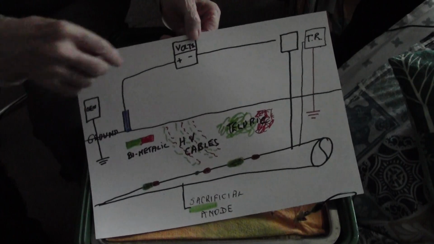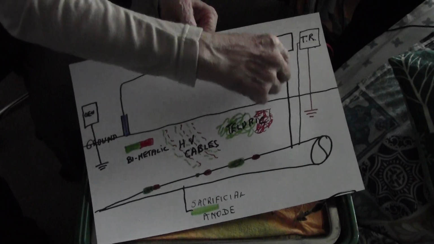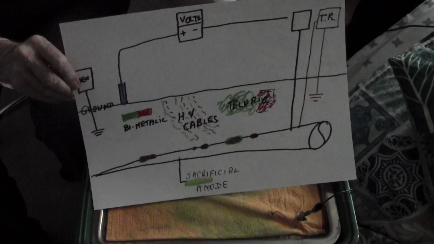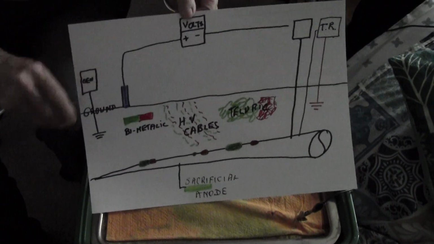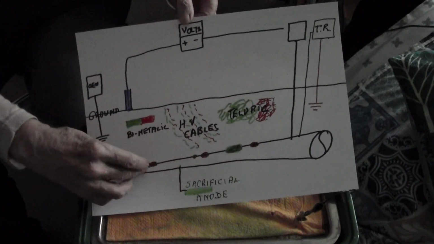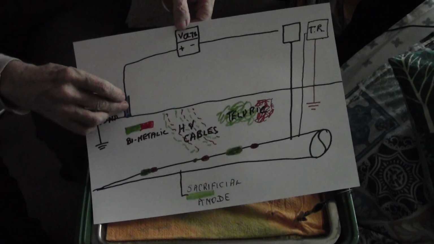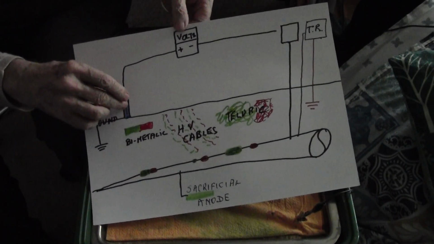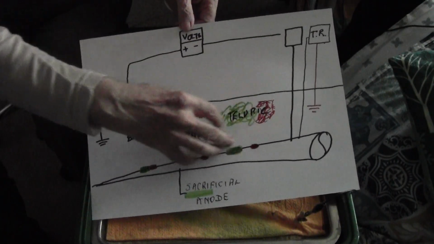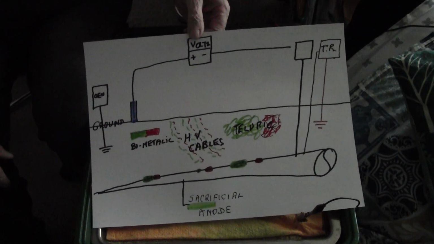The measuring circuit is through the test post to the pipeline, and then through the earth to the electrode, right? So it's the path through the earth that causes the complications.